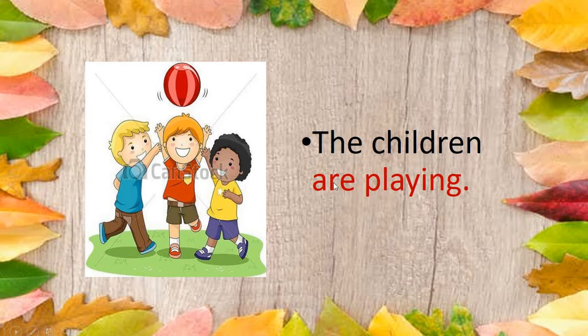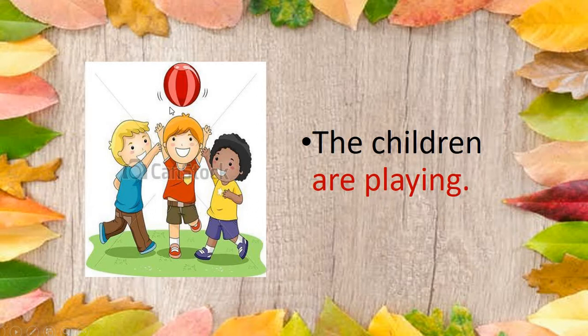Okay, children? Now you have understood this? What are the children doing? Yes, they are playing. They are playing now. The action is going on. It is happening now. The action word is play, but we have to add ing.